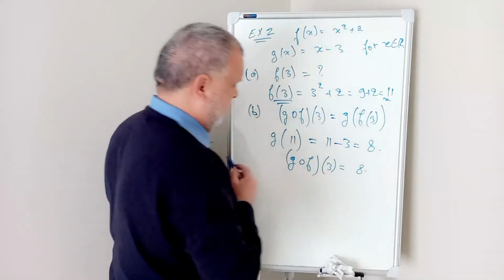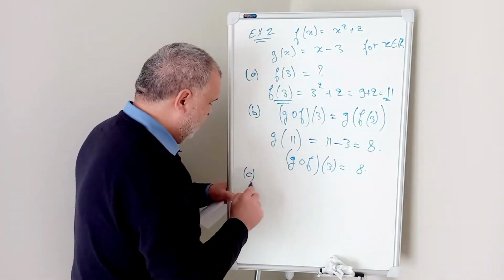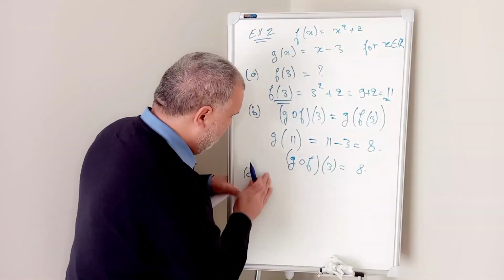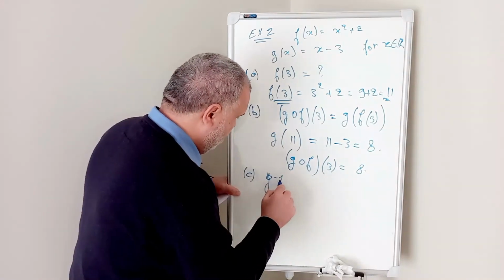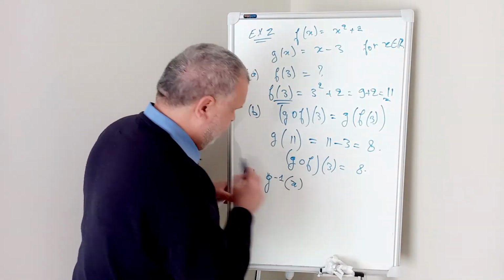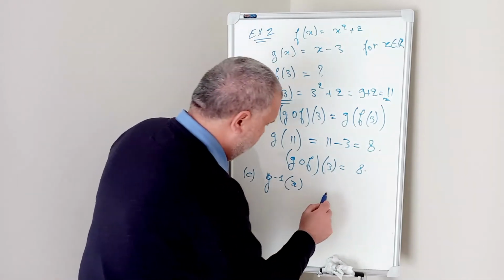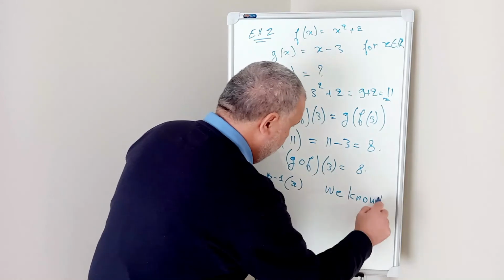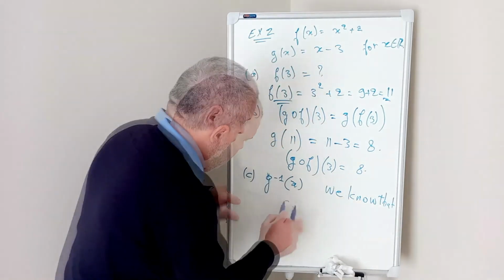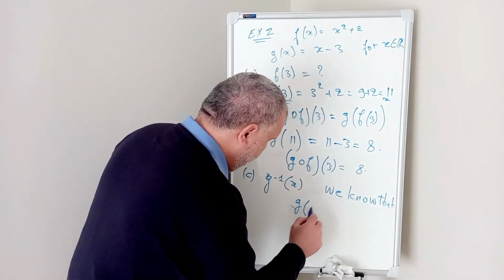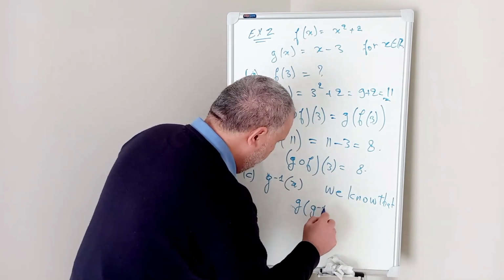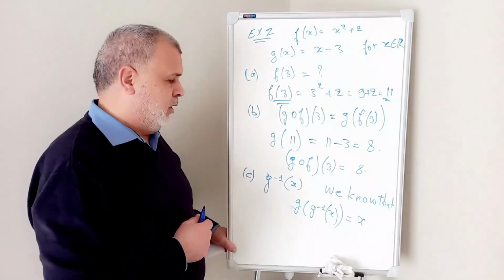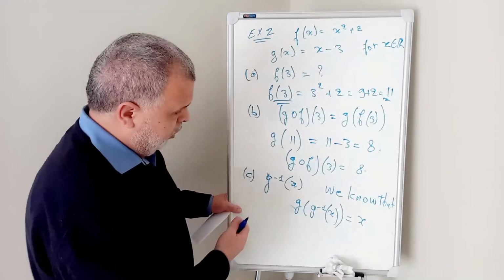Now the final question C: how to find the inverse function of g of x. So we know that g of the inverse of g of x is equal to x, the identity function.